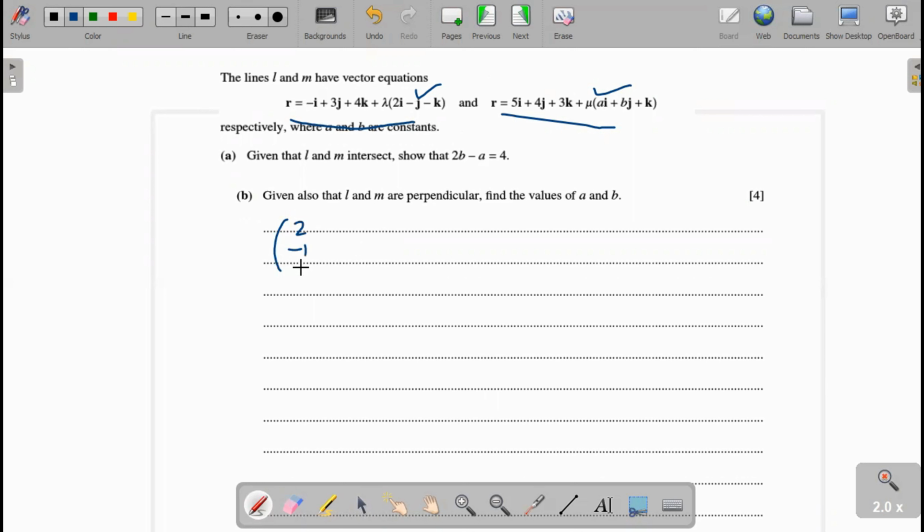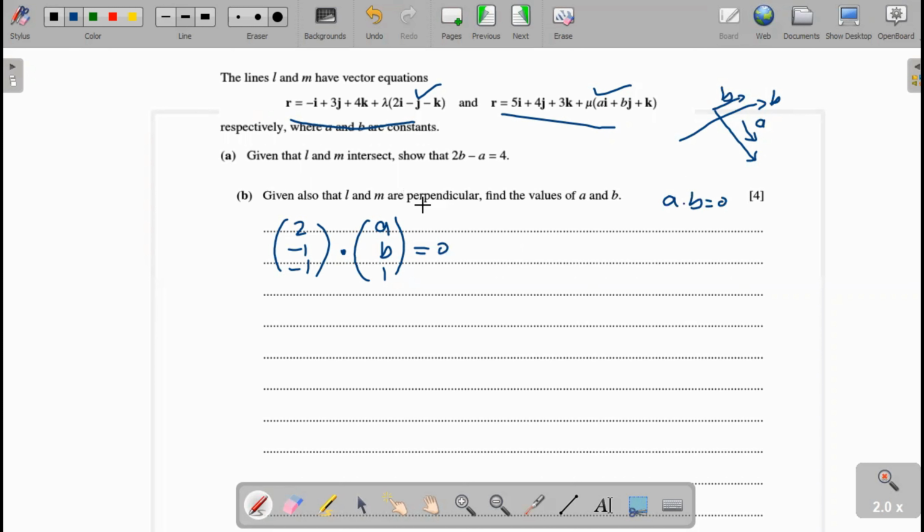This is the direction vector of line L, 2, minus 1, minus 1, and the direction vector of line M is A, B, and 1. The dot product of these two vectors will be equal to 0, because when two lines are perpendicular, the product of direction vector A dot direction vector B is equal to 0.